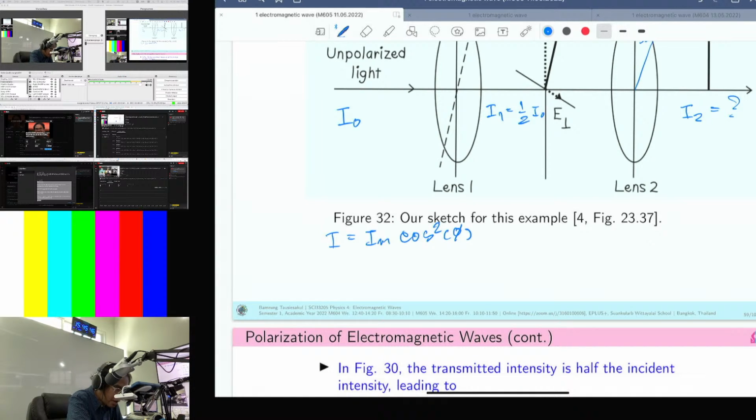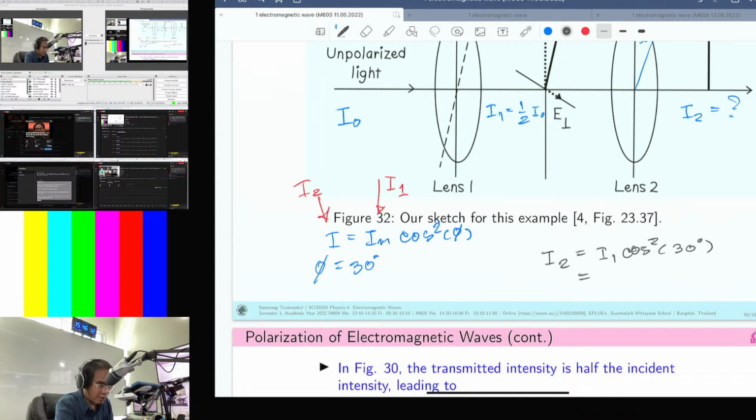And as you know, our phi is 30 degrees. Here we need to put I2 at this location, and here we need to put I1 at this location. Finally, we get I2 equal to I1 cosine square 30 degrees.